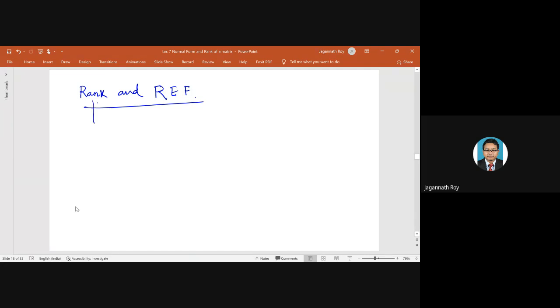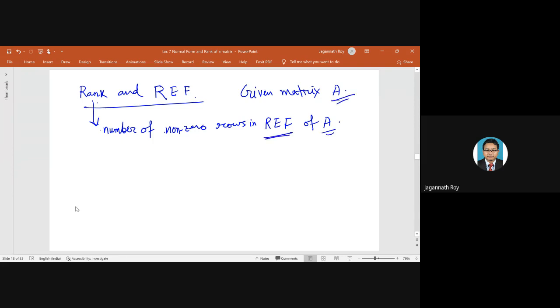We have said that for a given matrix A, rank is the number of non-zero rows in REF of A. For a given matrix A, we find the row echelon form, and then we look at the non-zero rows.